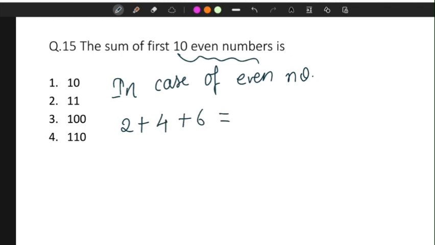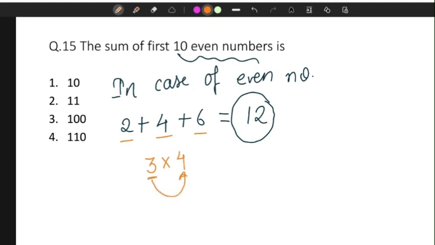If I start taking the summation of all this, the summation will be 12. Instead of calculating all this, I look at how many numbers they have asked: the first 3 even numbers. So I'll do 3 into 4, the number next to the asked number. Multiplying 3 into 4 gives me 12.